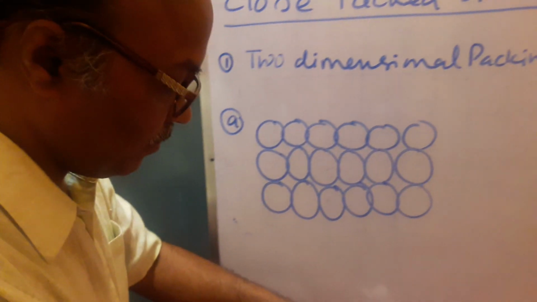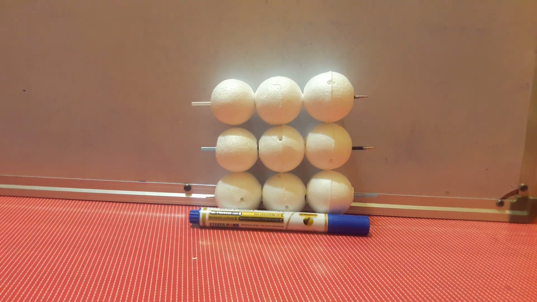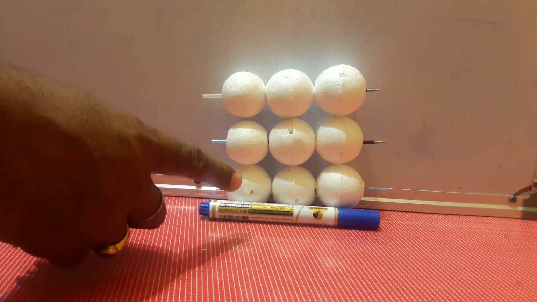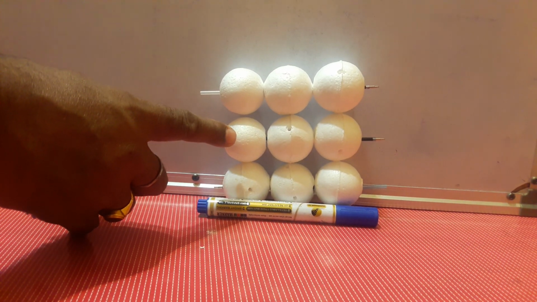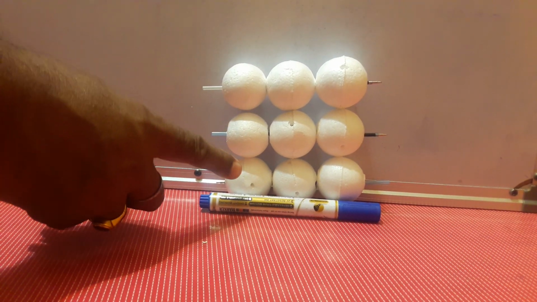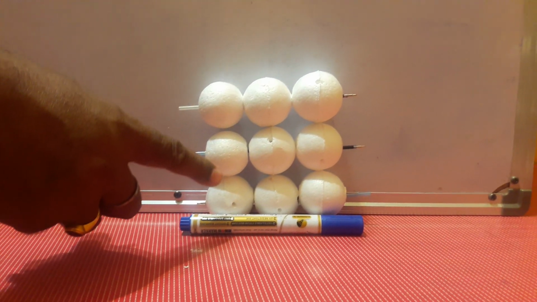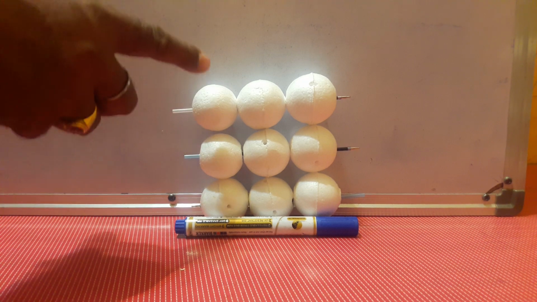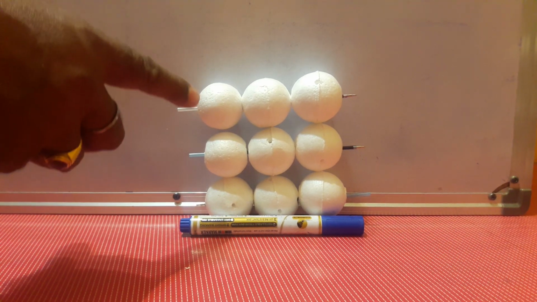This is the first layer, this is the second layer, this is the third layer. All the layers are the same, so we can say it is an AAA type arrangement of the points in two dimensions.